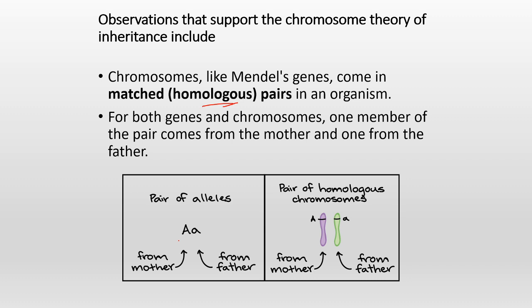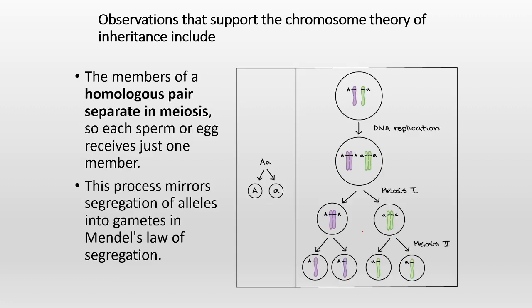So just like alleles occur in pairs, capital A, small a, one from mother and one from father, similarly the homologous pair of chromosomes are also present, in which you're going to get one chromosome for each pair of chromosomes, one from mother and one from father. The one from the mother is referred to as the maternal copy, and the chromosome received from the father's side is referred to as the paternal chromosome.